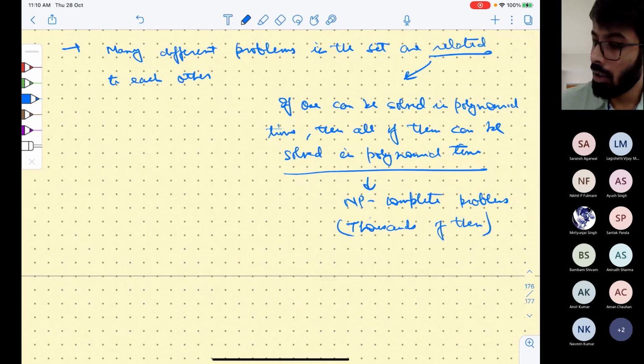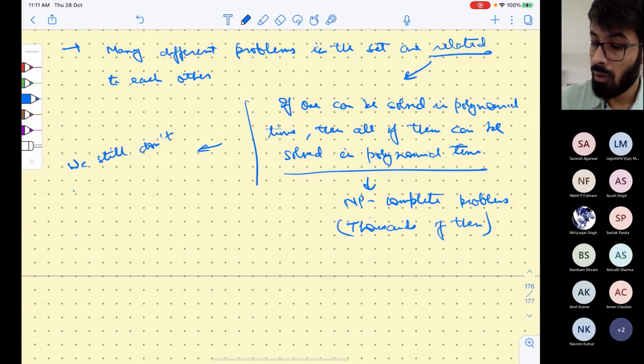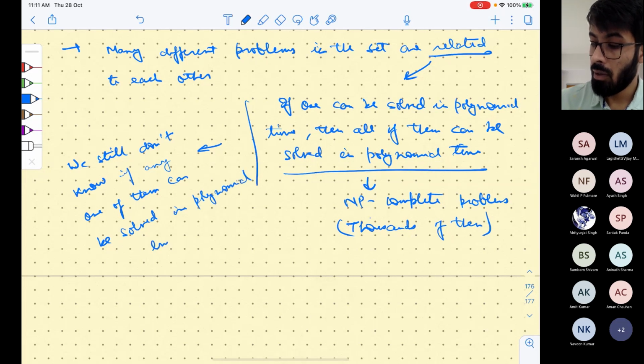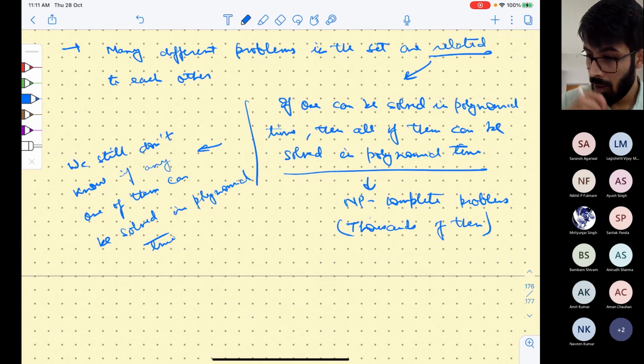Again, we are saying that if one can be solved in polynomial time, all can be solved in polynomial time, but we still don't know if any one of them can be solved in polynomial time. So this is the situation.